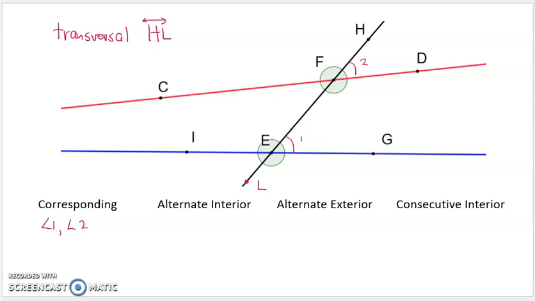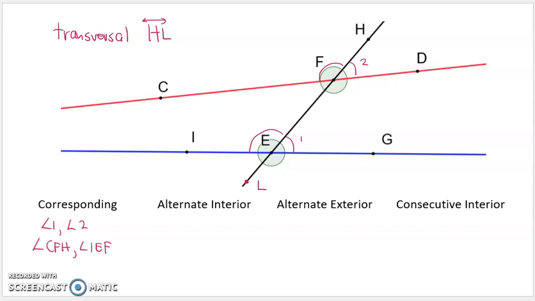Other corresponding angles would be, for example, let's say angle CFH, which would be this one, and angle IEF. Both of those are in the upper left-hand side of the vertex.